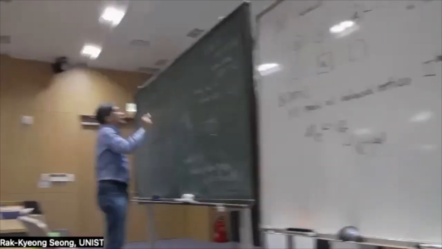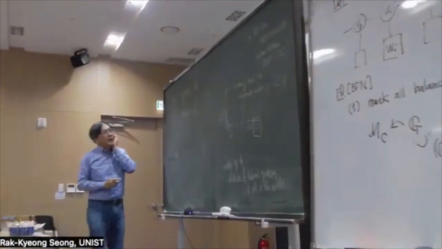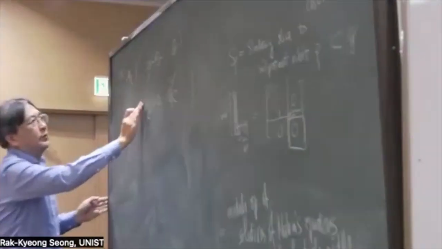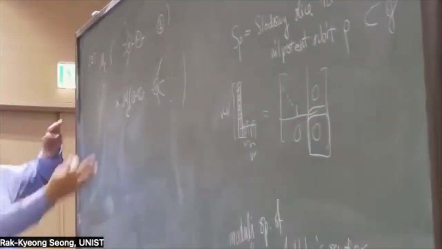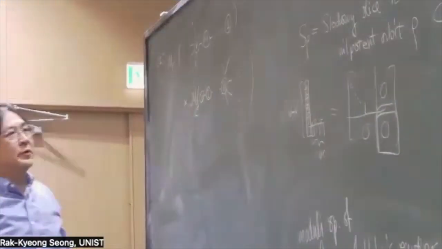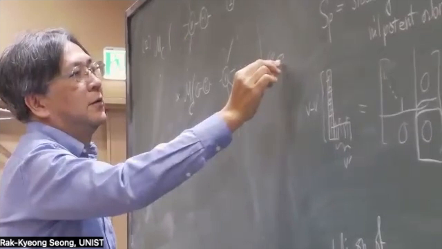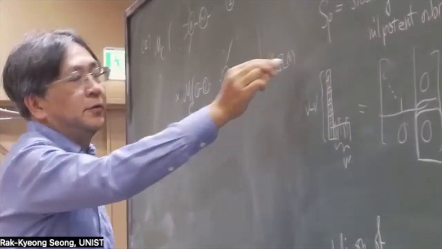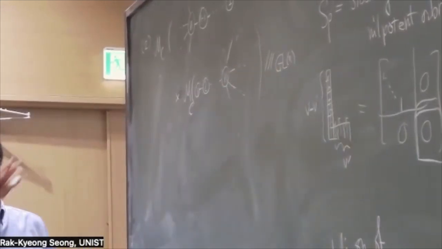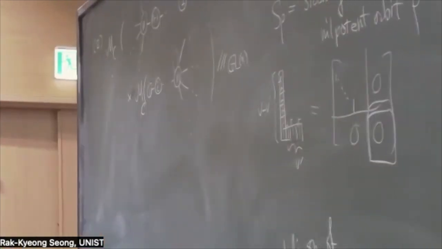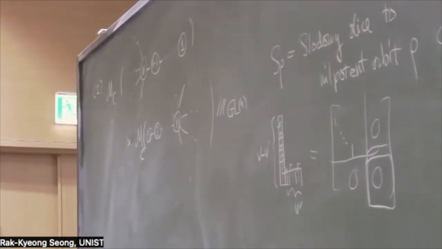Then I take the pairs of Coulomb branches. This part and this part could be completely different. And then I take the symplectic reduction by the diagonal GLN.